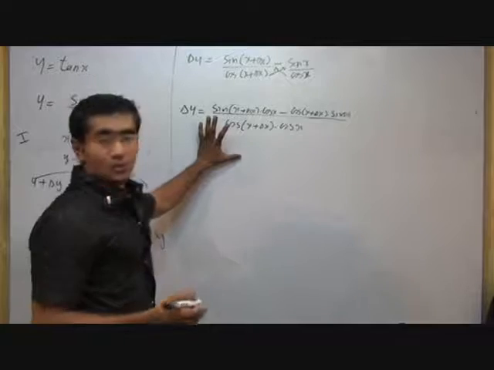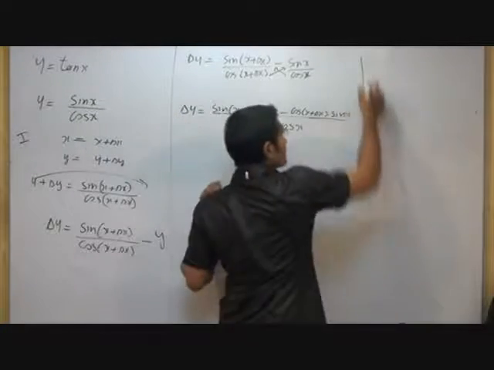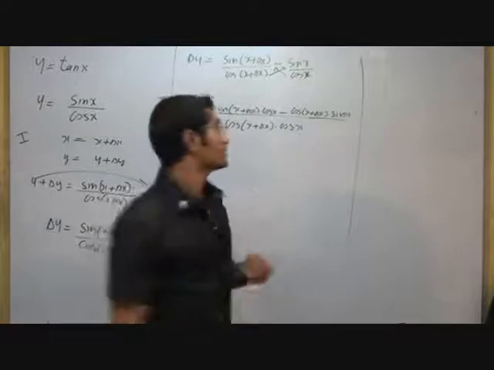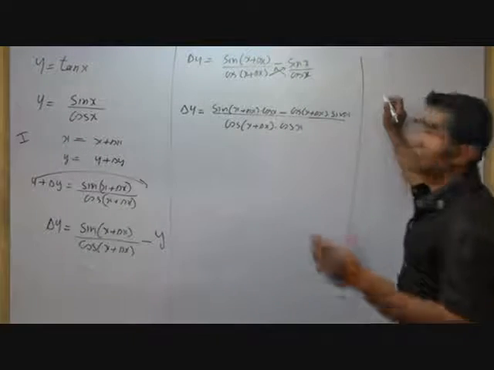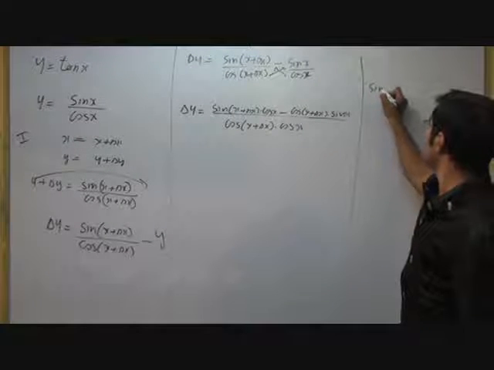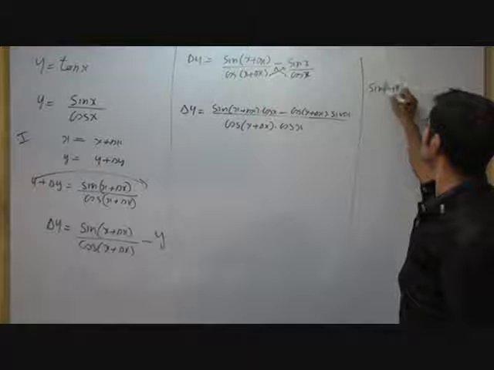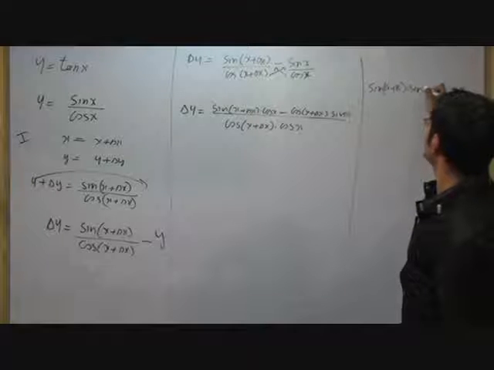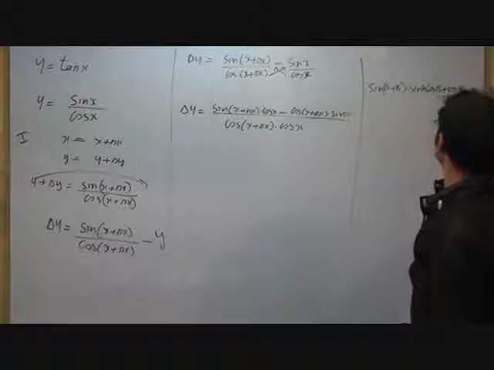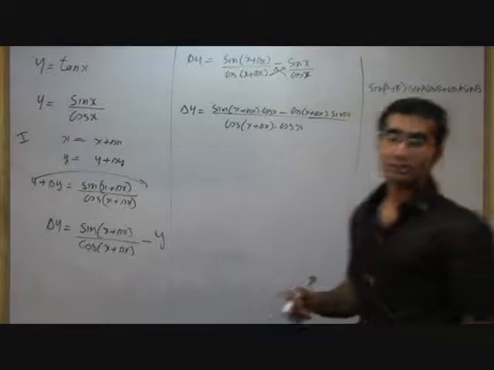Now, I need to know one formula here. This is from your allied angles. We have compound angles, right? That is, sine of a plus b is given as sine a cos b plus cos a sine b. It's a very simple formula we have to use here.